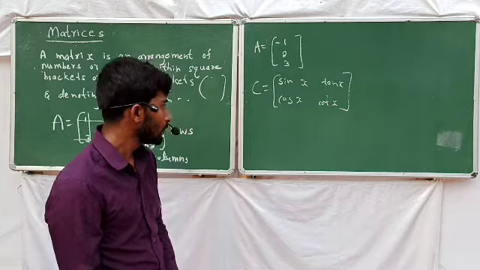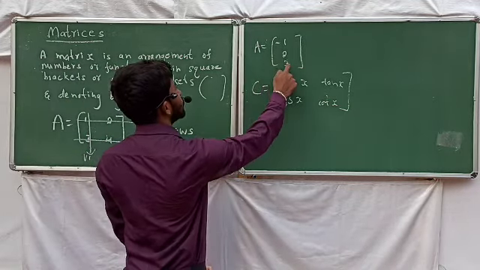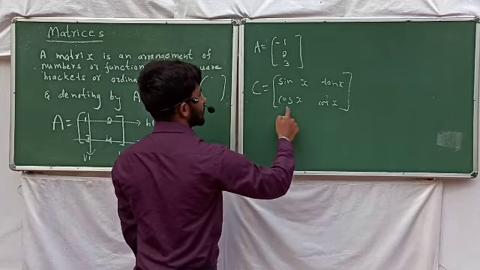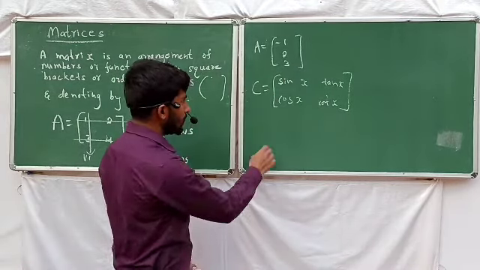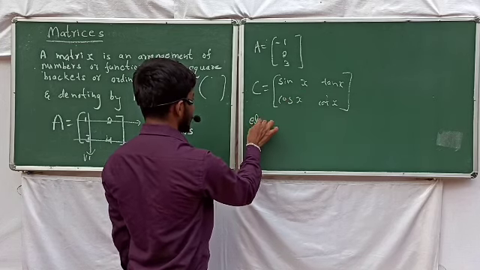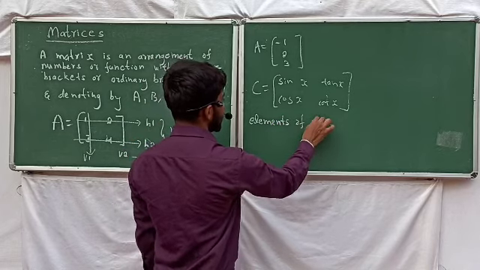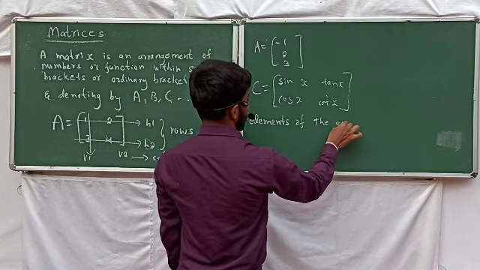Now see, here 1, 2, 3, 4 is there, -1, 2, 3 is there, sin x, tan x, cos x, cot x is there. All these numbers or functions are called elements of the given matrix.